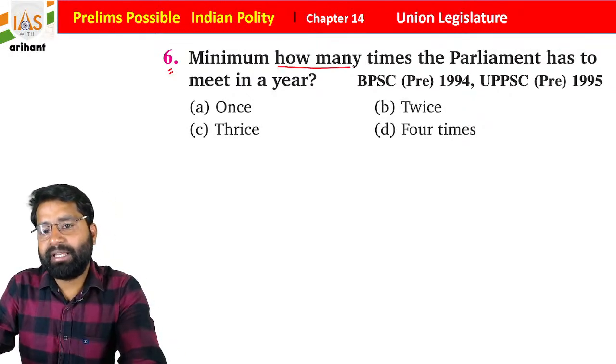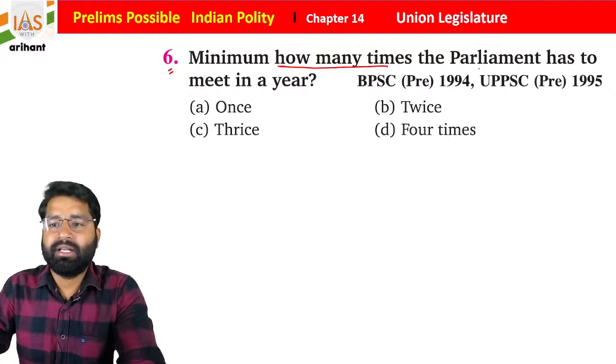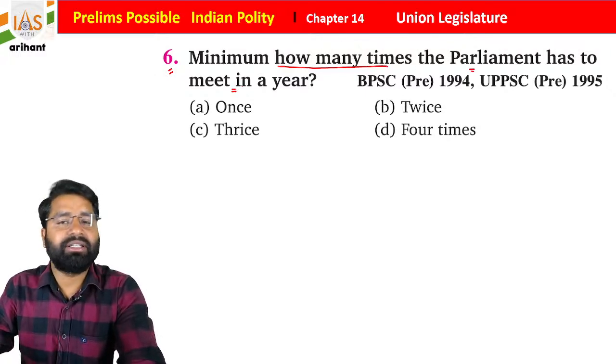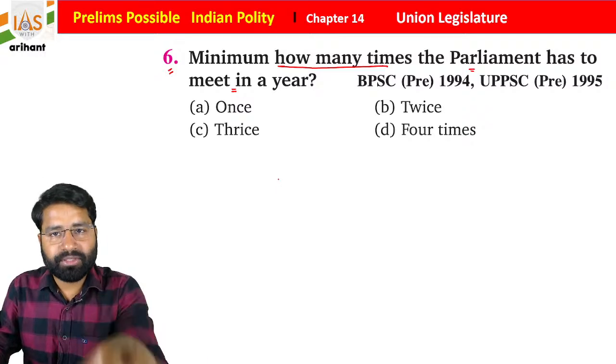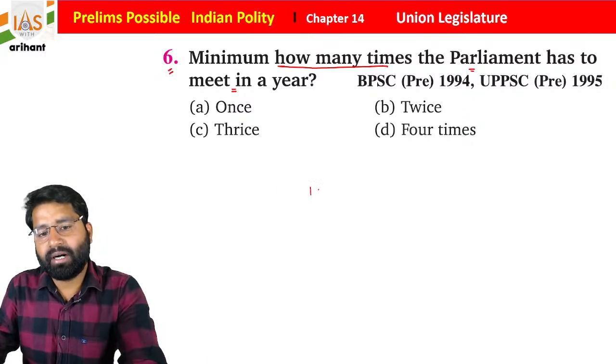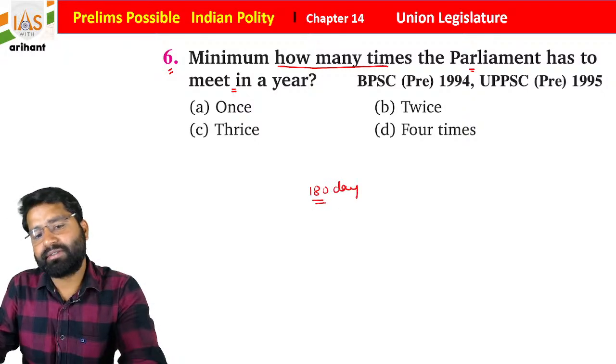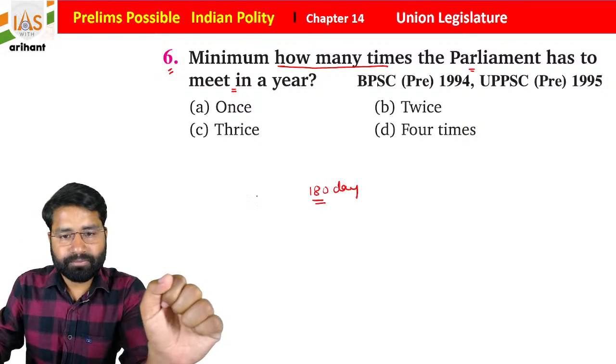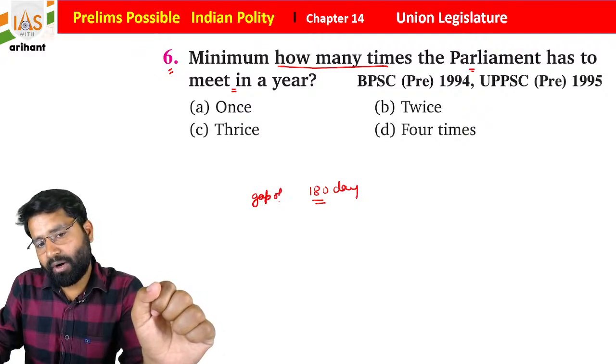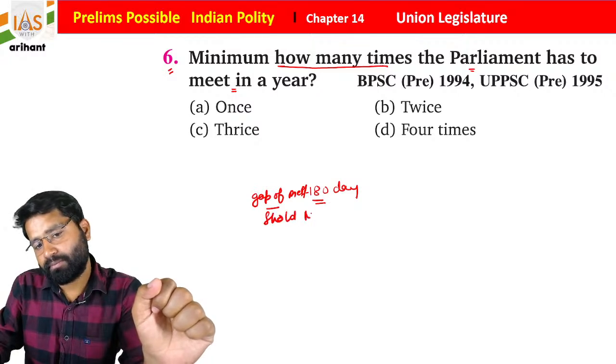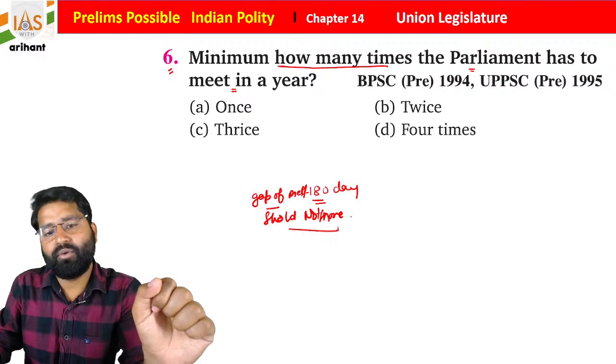Now see the question number 6. Minimum how many times does the Parliament have to meet in a year? Students, this provision is also mentioned there. It is very important: the gap between meetings should not be more than 180 days.